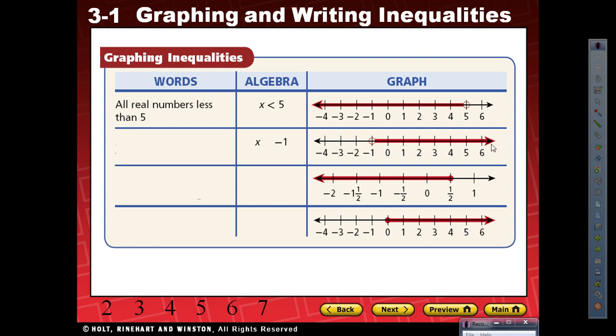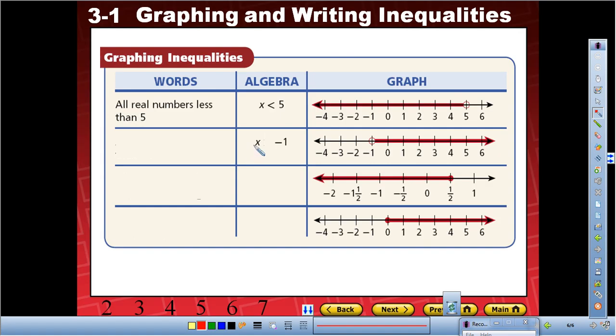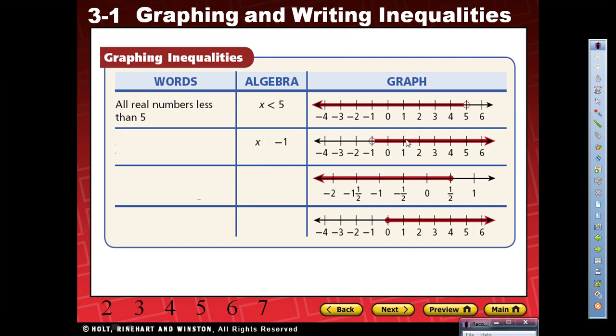Let's say I chose 23, and I substitute that in here. Reading it from left to right, 23 is what compared to -1? That's right, it's greater. So any number that we choose that is represented by x is greater than -1. So your arrow should be pointing that way.